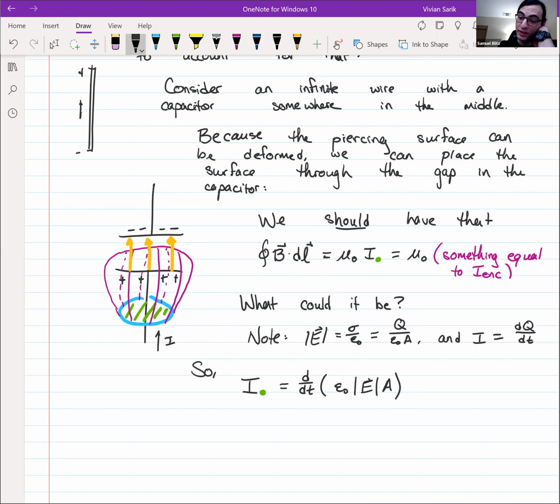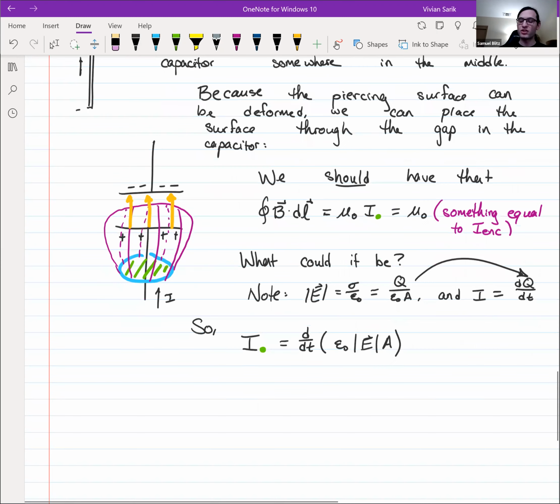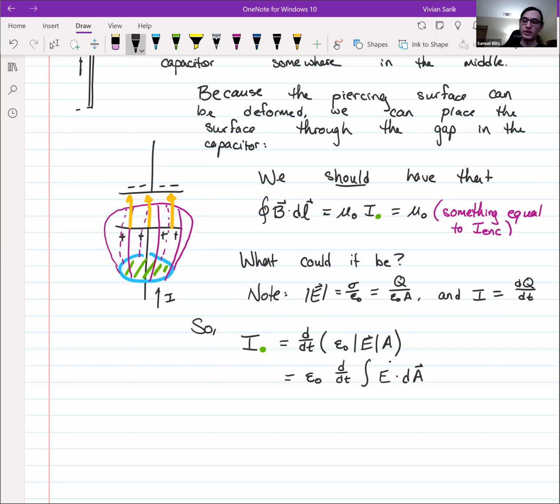Well, I solved this equation for Q, and then I plugged that in here, and then I took a time derivative. But this should look awfully familiar. A magnitude of a vector times an area. Indeed, this is just epsilon naught times d/dt of an integral of E dot dA. This is the electric flux through that purple surface.